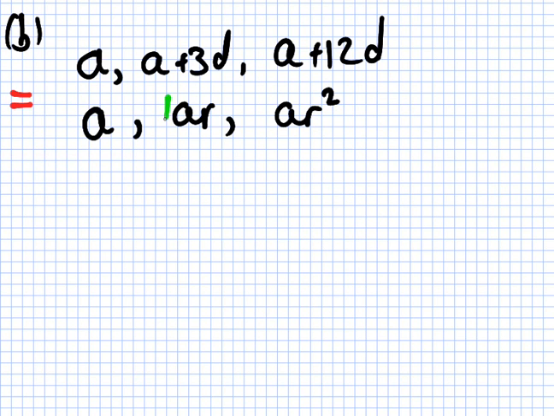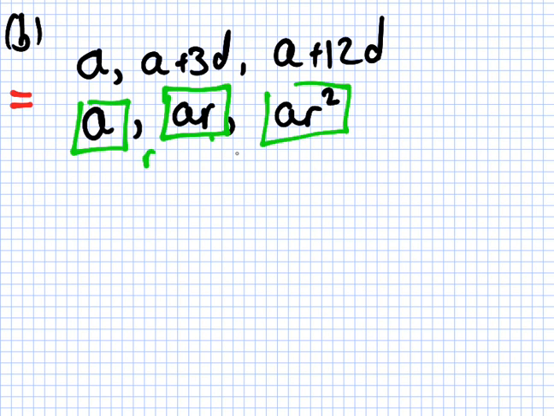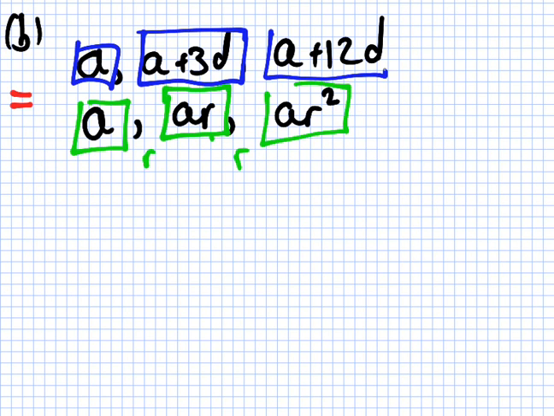Interestingly though, if you take the second term here and divide it by the first term, you get r. And if you take the third term and divide it by the second term, you also get r. And because these two are the same, it means that this term divided by that one will be the same as that one divided by that one.